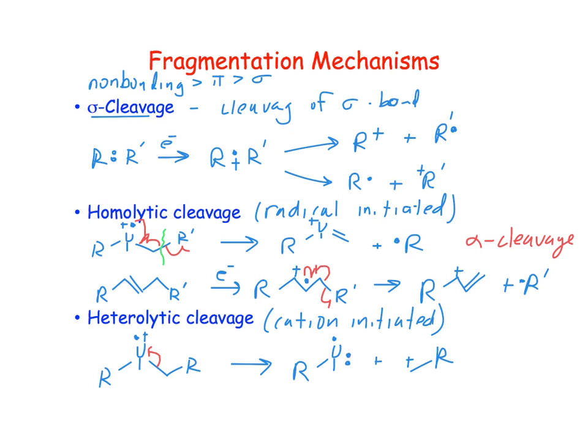Okay, and we're in fact cleaving a different bond, right? The alpha cleavage cleaved the bond one position away, and the charge stayed with this Y group. For this heterolytic cleavage, it cleaves right adjacent to this heteroatom, but the plus goes on the other side. Depending upon the atom, all of these are going to be competing with one another, right?